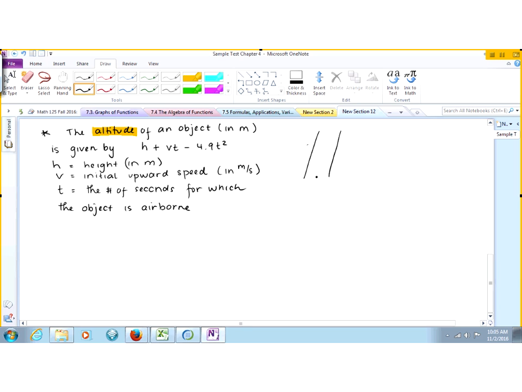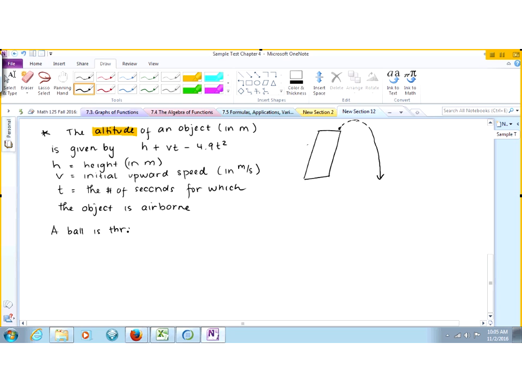I'm not a good artist. But anyway, this is the Leaning Tower of Pisa. So somebody is here and he throws the ball upward, and then of course it's going to go down, right? Now, when you're in Math 125, you'll learn why the path or trajectory looks like a parabola. So later on you will learn.